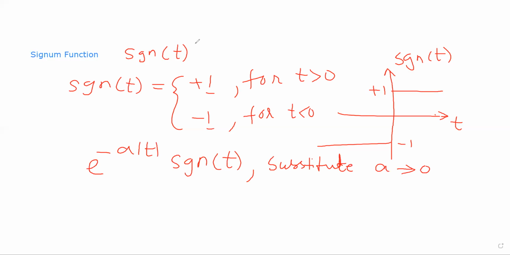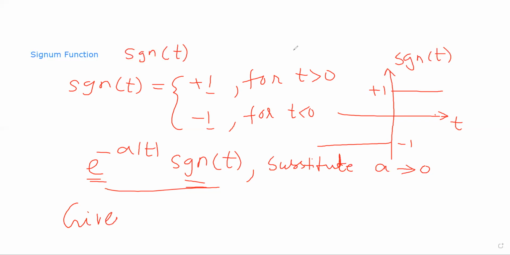When a tends to 0, the exponential function becomes 1, so this is not a problem, and that remains as the signum function.